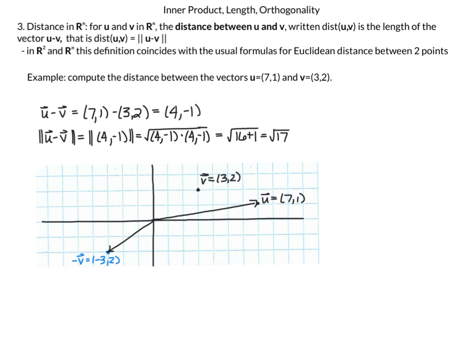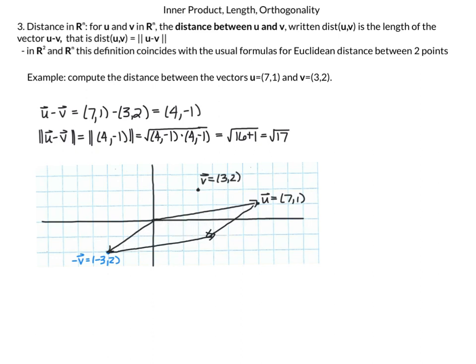And just looking at this in case it's been a while since we looked at vectors in the plane. So here's our vector u, and here is our vector v. When we do u minus v, we're going to add u to negative v. So here's my negative v. When we add u to negative v, we're going to complete the parallelogram between u and negative v, or you can simply think of moving the beginning of the u vector to the end of negative v, or the other way around.